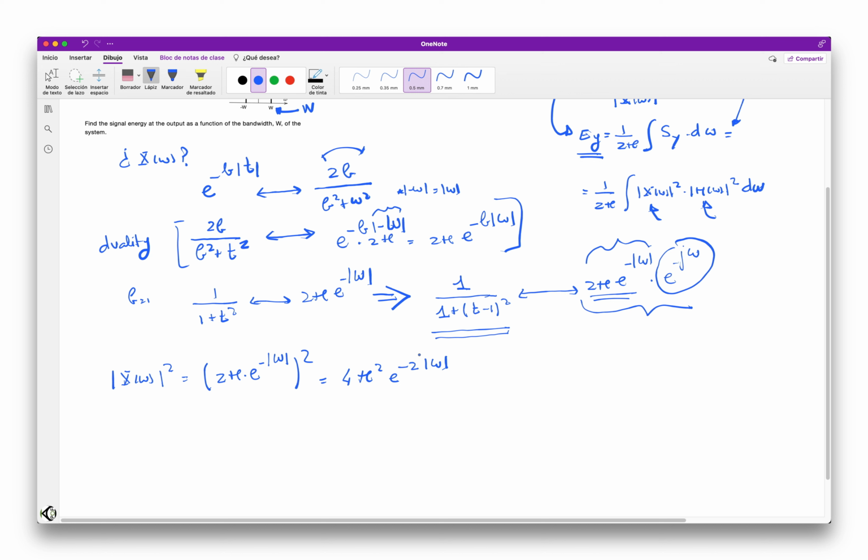Okay, so finally what we do is we calculate the energy of y using this expression.